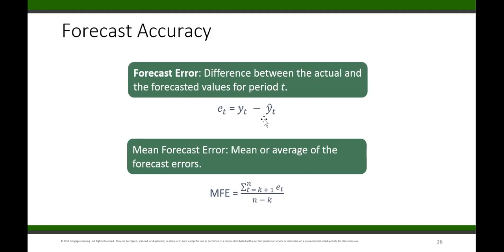So for each period, we have this, but we need to combine all these forecast errors at different periods in order to come up with one quantitative measure that can be used for comparing different techniques.